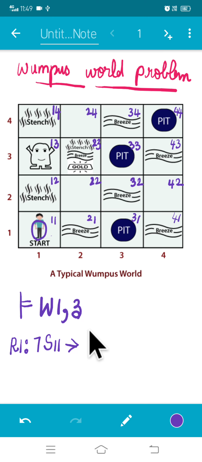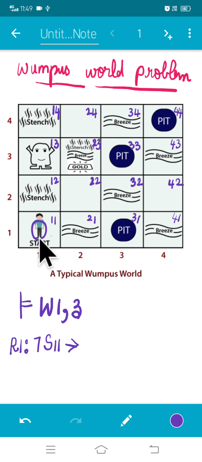Its adjacent squares are 2 1 and 1 2, and definitely the Wumpus will not be present there. If the Wumpus were present in any one of those cells, then a stench smell would appear here, and definitely the agent would have sensed that.